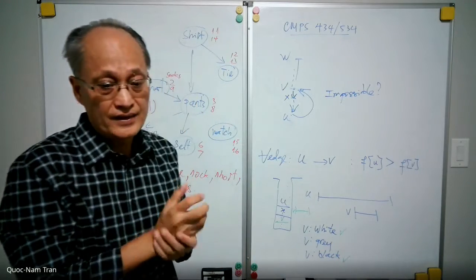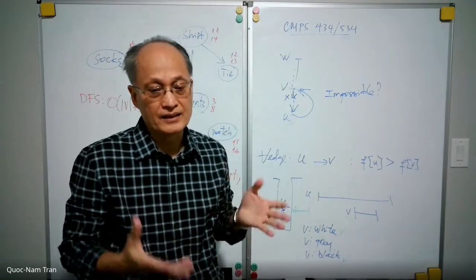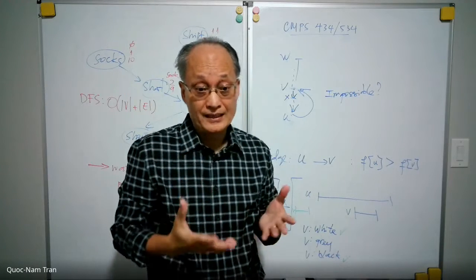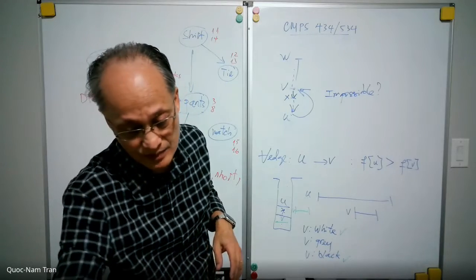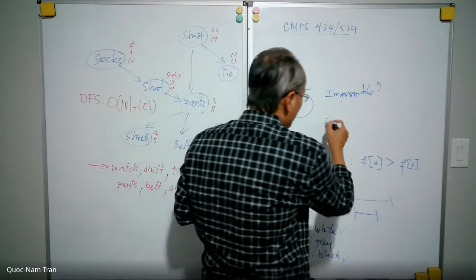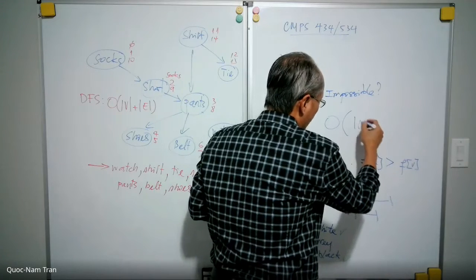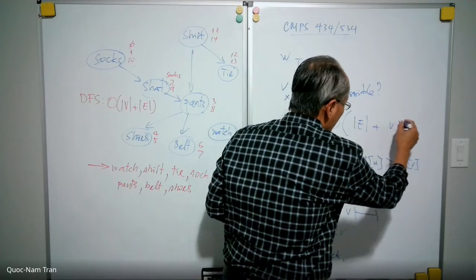The second algorithm has the same complexity, right? Meaning that it's big O n squared at most, or more precisely, it's big O of the number of edges plus number of vertices.